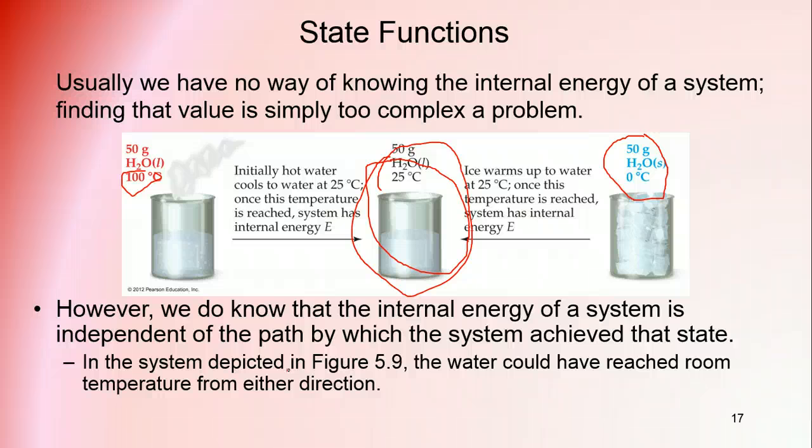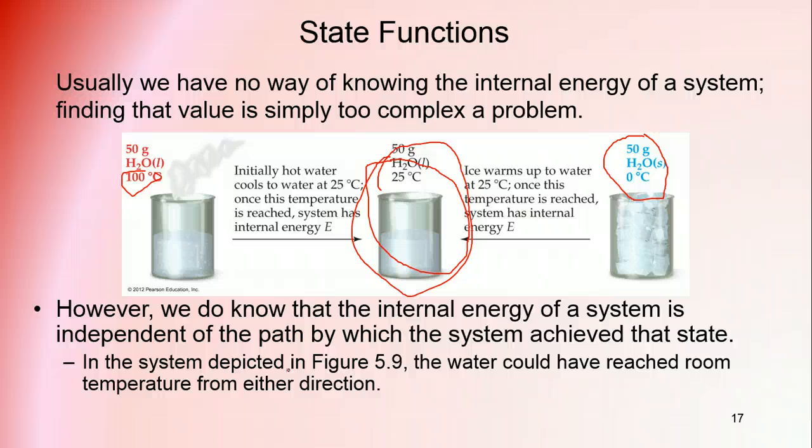So arriving at the mall is an example of my state function. My location is independent of how I got there. Obviously, one way takes a lot longer, a lot more gas, and a lot more mileage, but the pathway can be different while the place I arrive, my location, is the same. That's the idea of what a state function is.